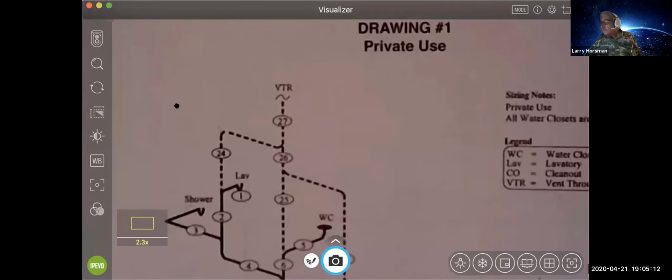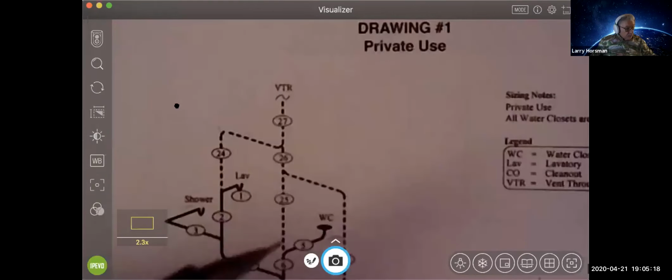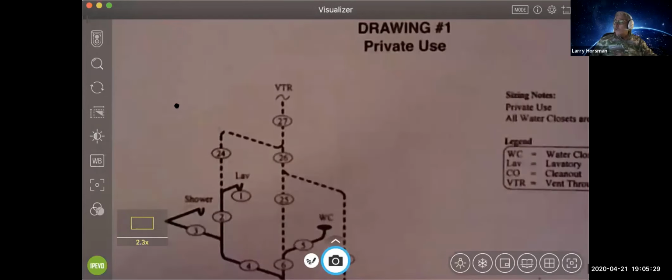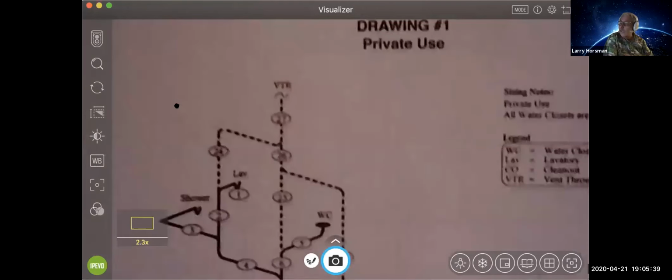So, there's a maximum distance we can go from our toilet, for example, before we get to a vent. There's a max distance for the lab, which is right there. They're showing the lab. And each one of those has its own trap arm size. So I think the table down below has all of that information. Let me see if I can bring that into view.